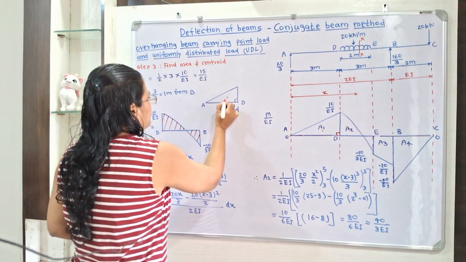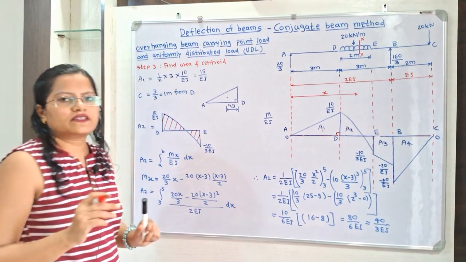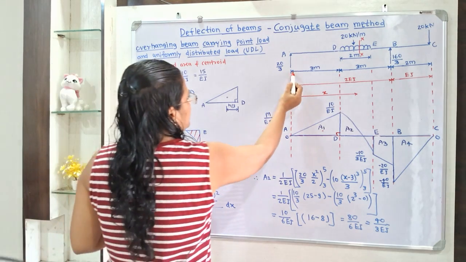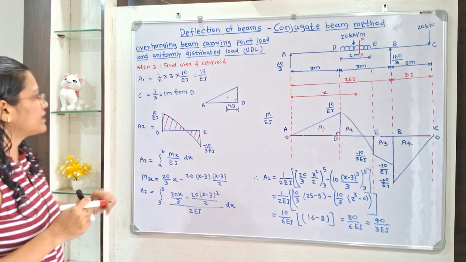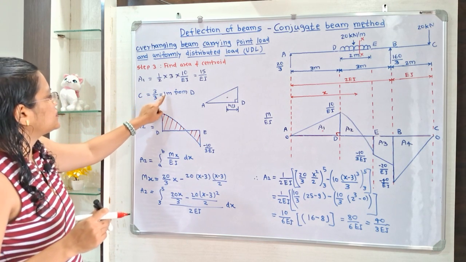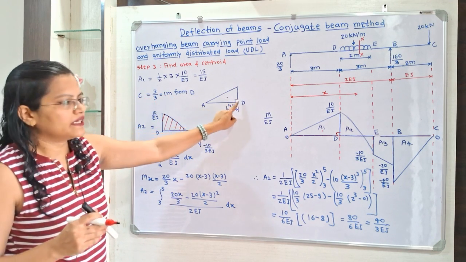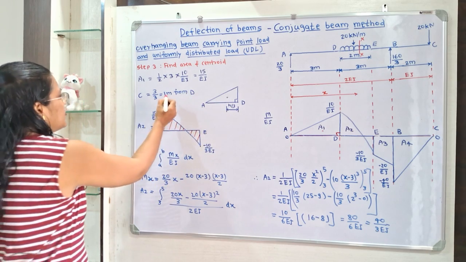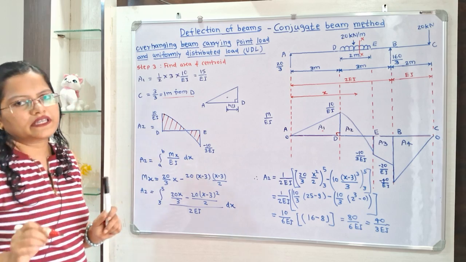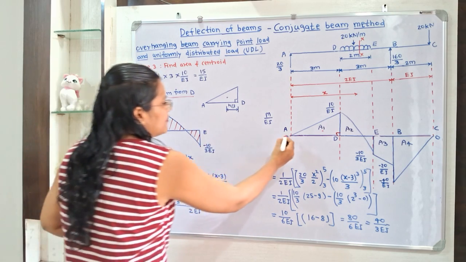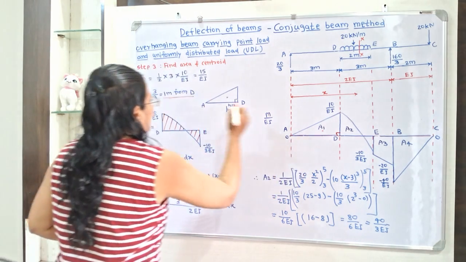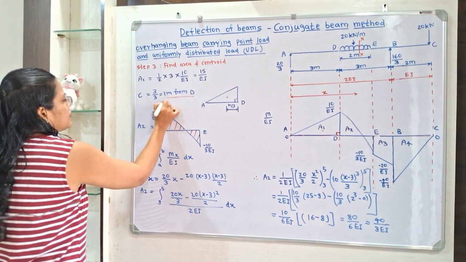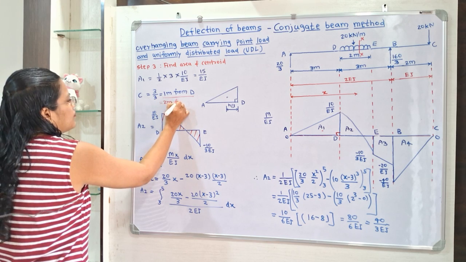What is the total distance h? That is equal to 3 meters. So 3 by 3, which is equal to 1 meter from D. This point is important, 1 meter from D. So we can say that it is 2 meter from A.